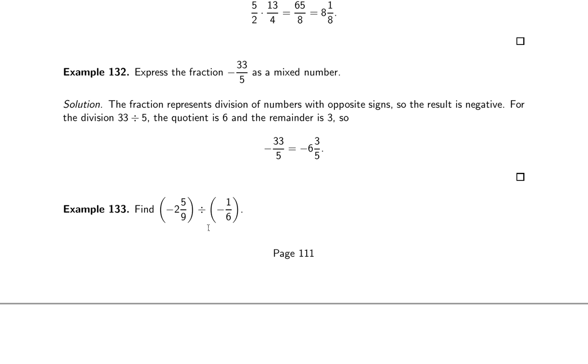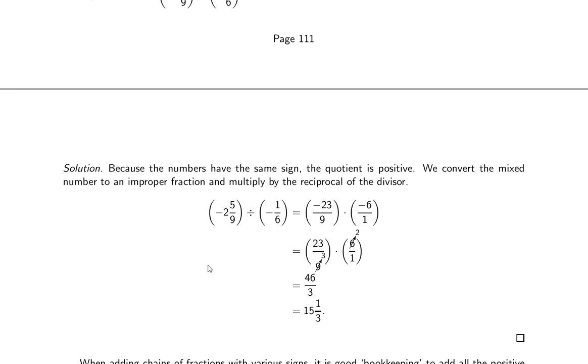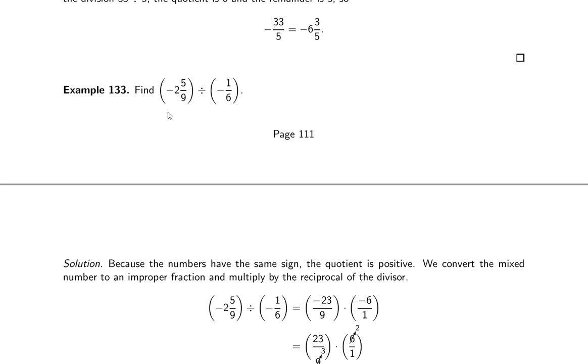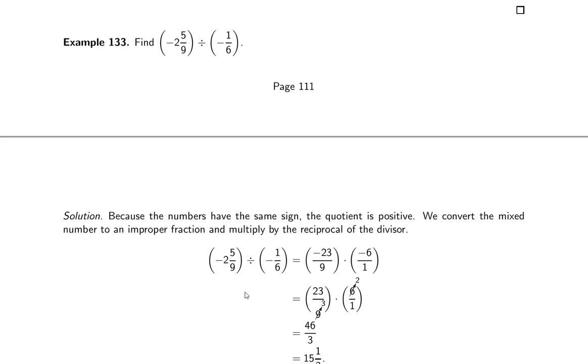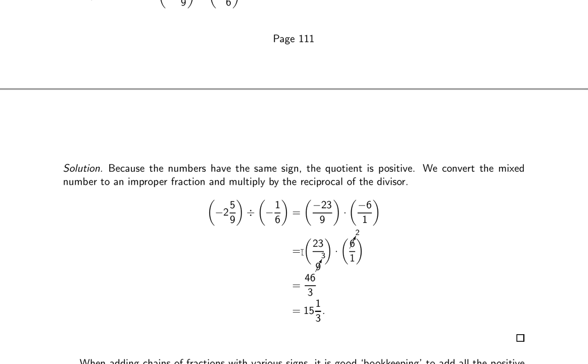Also division. Okay, dividing two numbers with the same sign, the answer is positive. Also we want to convert this mixed number to an improper fraction. 2 times 9 plus 5 is 23. Here, I know the answer is positive, so you can ignore the sign. So it's 23 over 9. We have 1/6 here. So remember how to divide fractions.